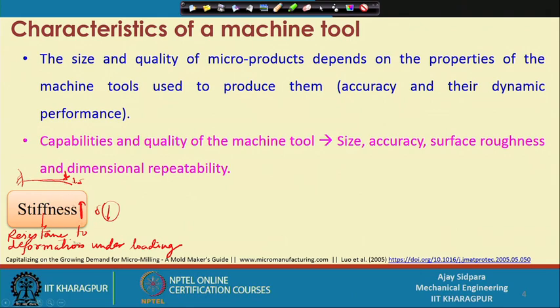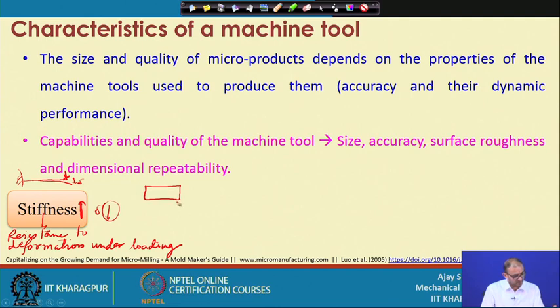Flexible means if you give a small force, it will bend very quickly, without any type of resistance. So, that is why stiffness is more important, because we have physical contact between the tool and workpiece, right. So, our tool is here, workpiece here, and the tool is moving in this direction with a depth of cut inside. So, basically you want to remove the material from this part.